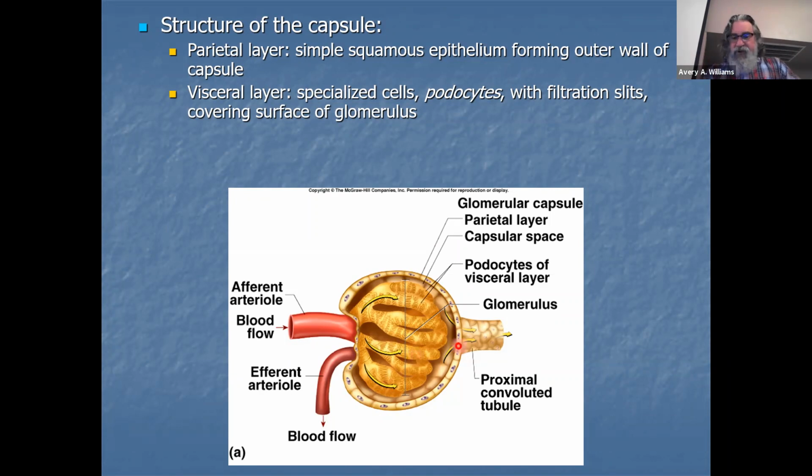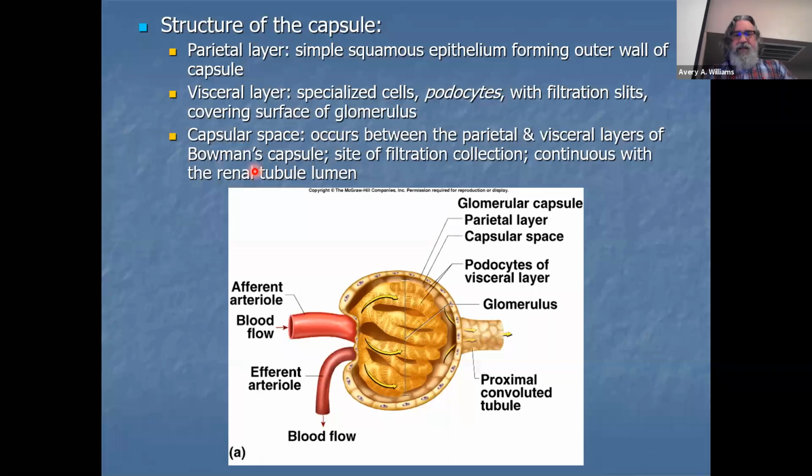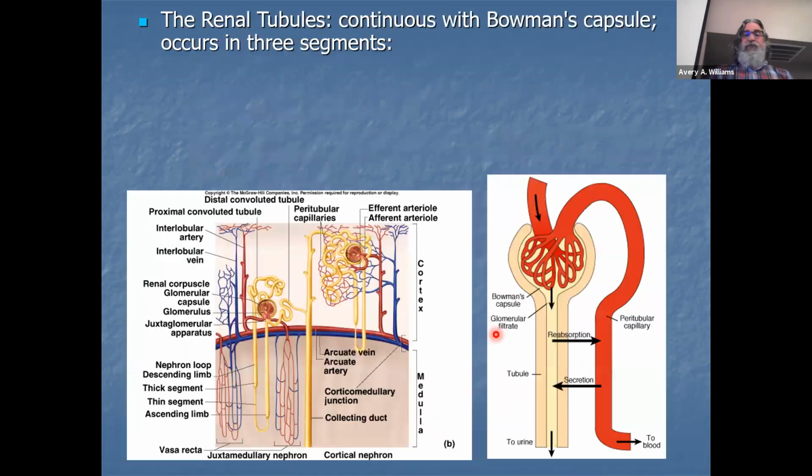And then the filtrate is going to be piped away from the glomerulus by a renal tubule. Here I have the capsular space, just the space between the visceral and parietal layers. That's the site of filtration collection. Like I said, this space is continuous with the lumen of the renal tubules.